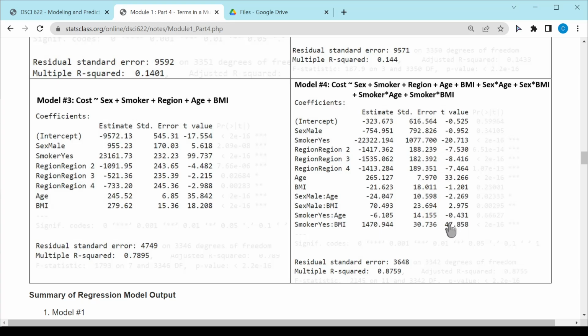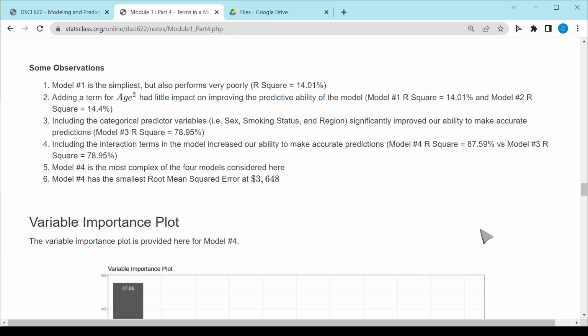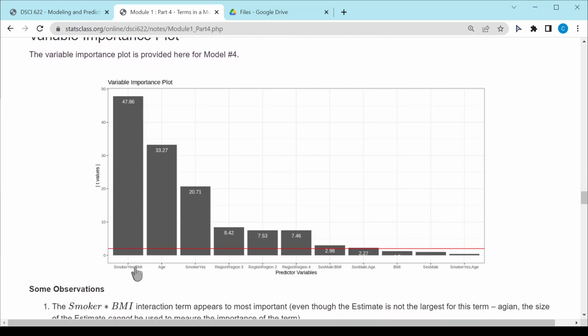Considering the list we have here, you can see that this smoker BMI interaction term is actually the most important term here. It has a t value of about 50, which is pretty big. So the smoker cross BMI, that interaction term, is the most important predictor in this model.